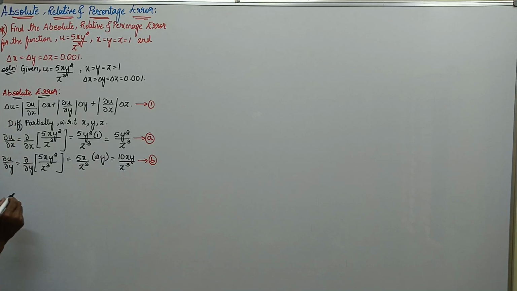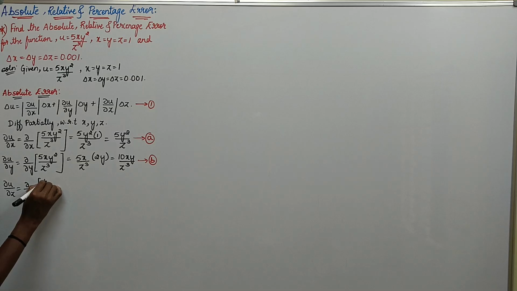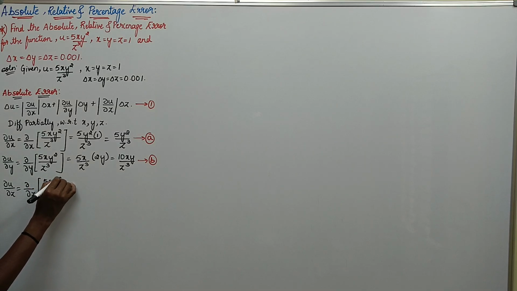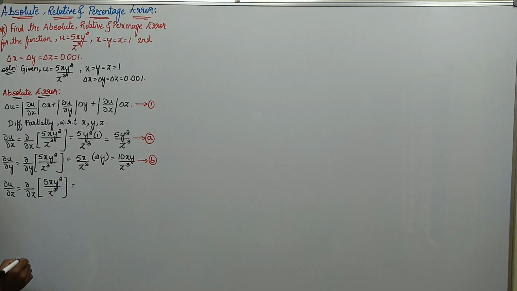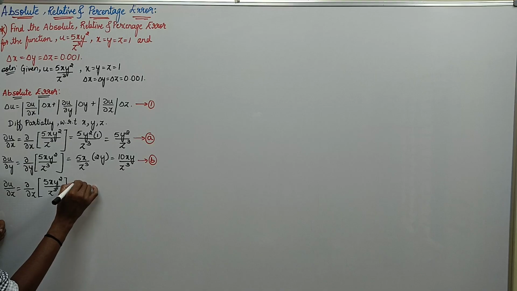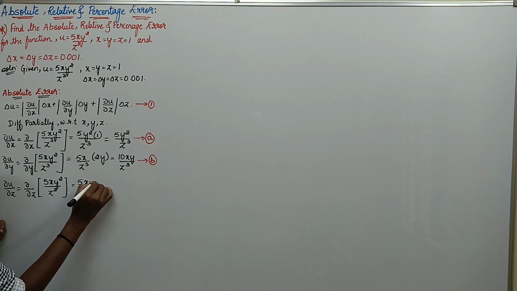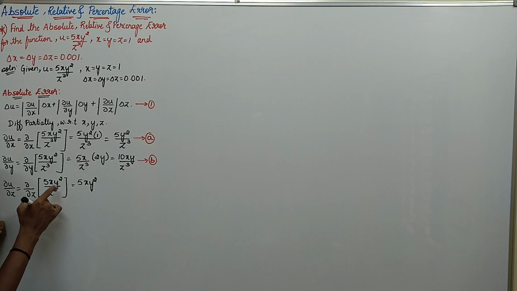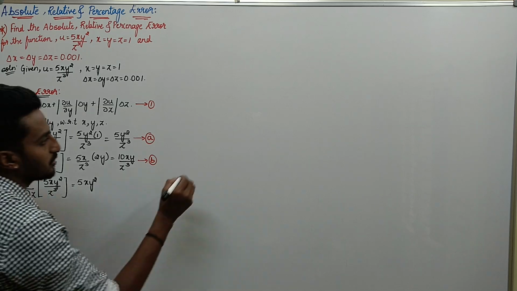Then now let us differentiate u with respect to z. Dou u by dou z which is equal to dou by dou z into 5x y square divided by z cube. Since I need to differentiate z cube, 5x y square remains constant, but I need to differentiate 1 by z cube.